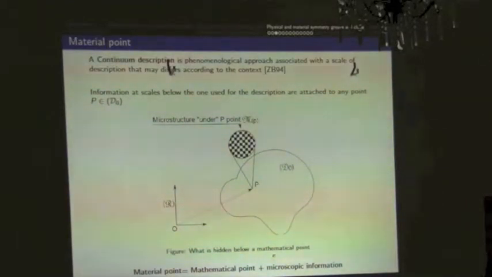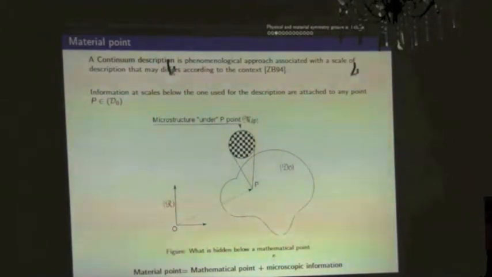And in fact, choosing this kind of scale of description implies that under each point of your domain, you will have some information on the physics that is encoded at a scale below the one retained for your description.